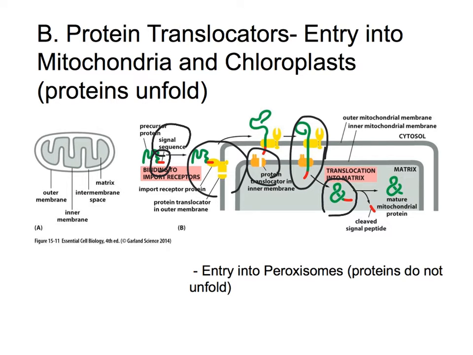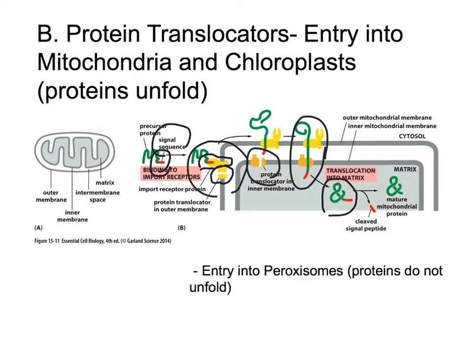It's a little hard for me to show you this, but this little piece right here is the receptor for the signal sequence, and it's associated with the protein translocator that is going to transport the signal sequence across the outer mitochondrial membrane into the inner membrane space.